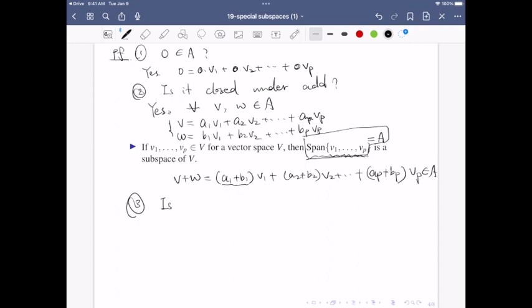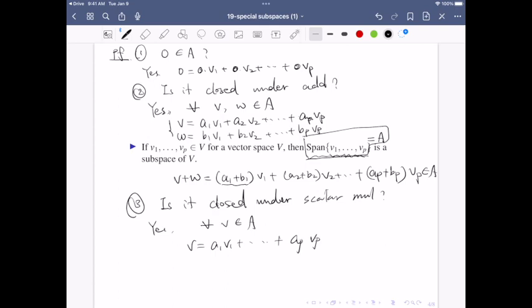Now the last question: is it closed under scalar multiplication? The answer is also yes, because for any v in A, we can write it as a1 v1 up to ap vp, a linear combination of these vectors.